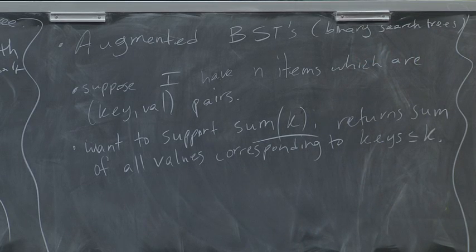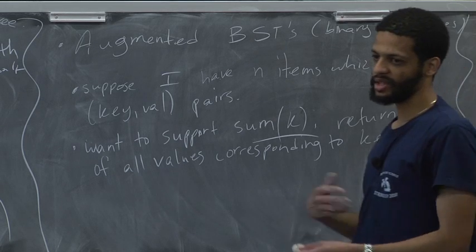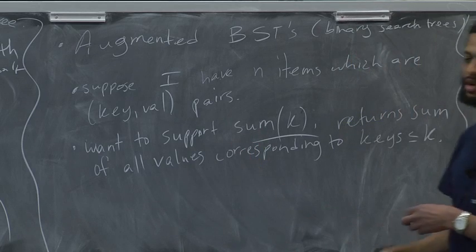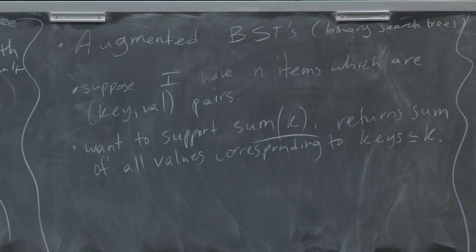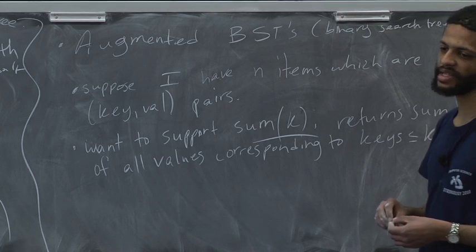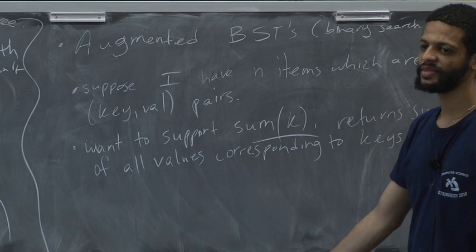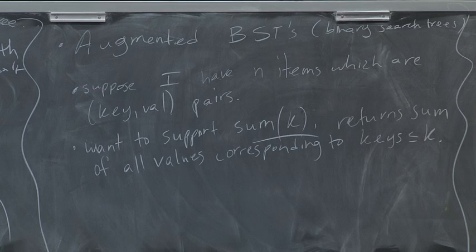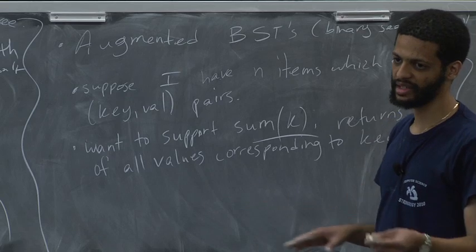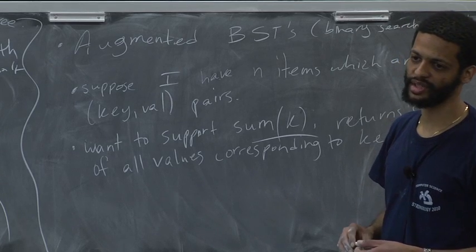You also want to support insertion of key value pairs, deletion of them, and these sum operations, predecessor, et cetera. You can do this with BSTs by augmenting the nodes to contain subtree sums. Then as you're walking down the tree, you can use these subtree sums to get answers. Using this kind of idea, you can also implement those operations in the aux trees.